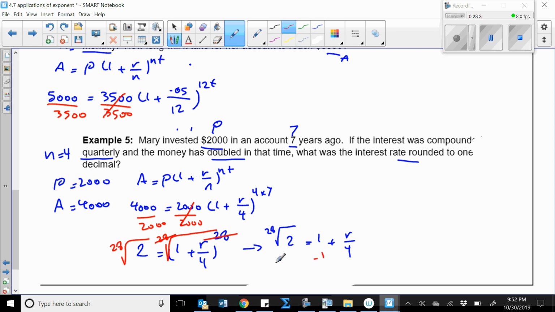Then I subtract 1 from both sides. So the 28th root of 2 minus 1 will be r over 4. Then multiply both sides by 4. So r will be 4 times the 28th root of 2 minus 1.